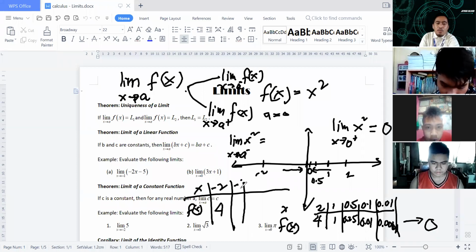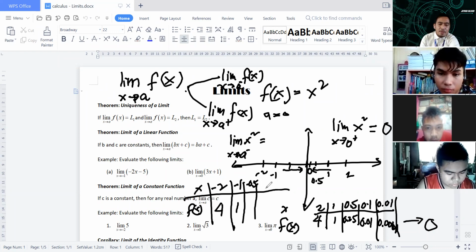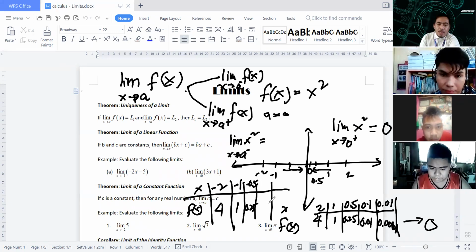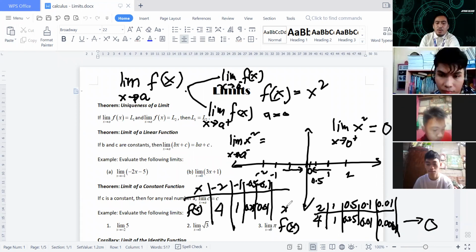How about we make it closer, say negative 1? Positive 1. How about negative 0.5? Getting closer, right? Positive 0.25. How about negative 0.1? Positive 0.01.